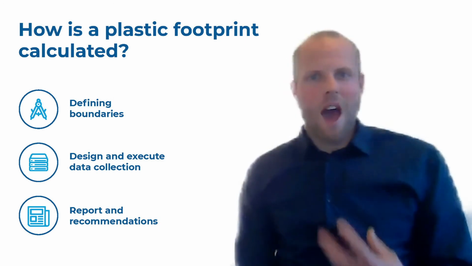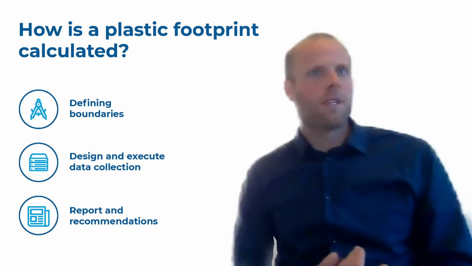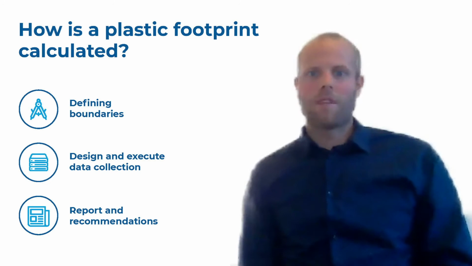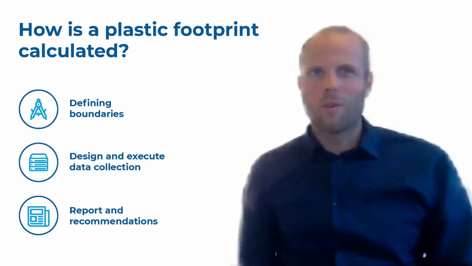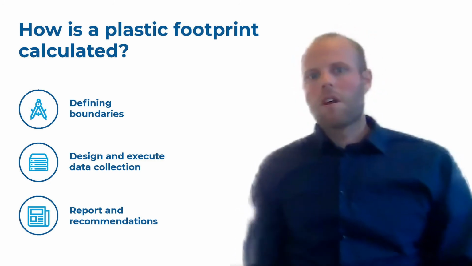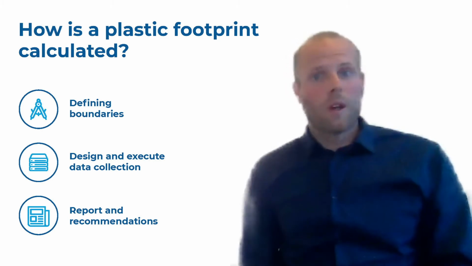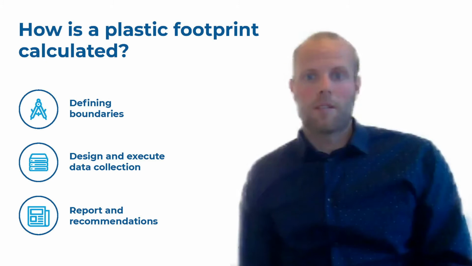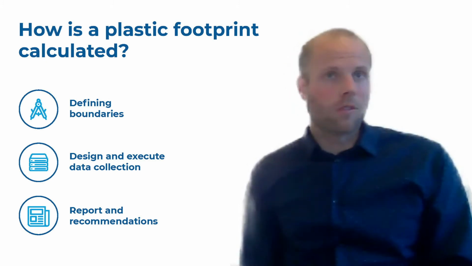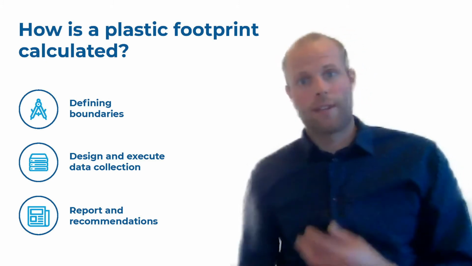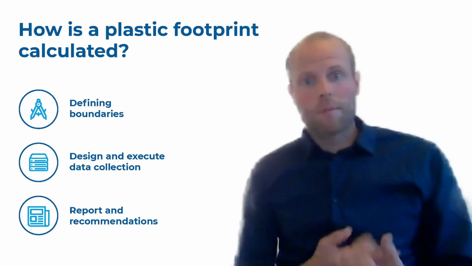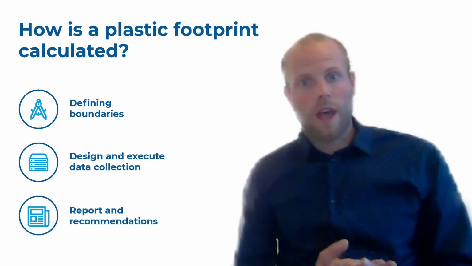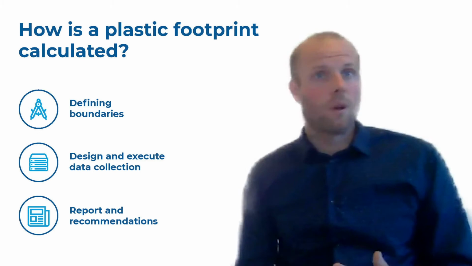Now, how can a plastic footprint actually be calculated? Well, typically it will include the following main steps. First step is to work with key individuals to define the boundaries and the parameters of what will be accounted for, for example, plastic types, suppliers, product lines, distribution channels, and so on.